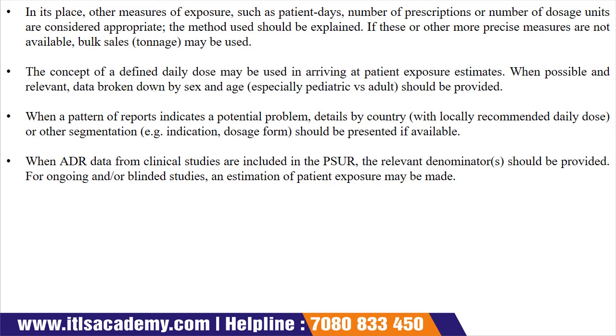And the concept of a defined daily dose may be used in arriving at patient exposure estimates, and when possible and relevant, data broken down by sex and age, especially pediatric versus adult, should be provided. And when a pattern of reports indicates a potential problem, details by country with locally recommended daily dose or other segmentation, for example indication or dosage form, should be presented if available.